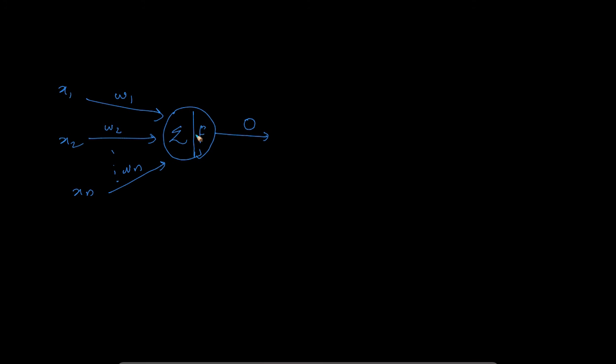If I write the output function, it will look like this: O is equal to the function applied on this sum over i equal to 1 to n of Wi Xi. So that is the output function of a neuron.